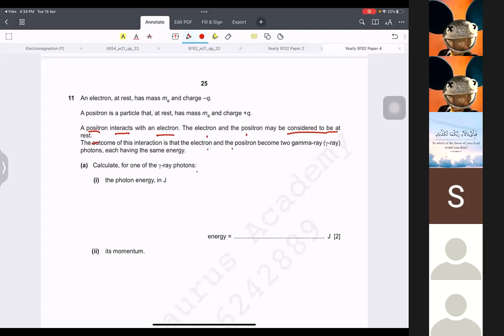Fine, we could do that totally. So we have 2 masses of electrons getting annihilated. Annihilated means E is equal to mc square. So the mass would be 2 times 9.11 times 10 raised to the power minus 31 multiplied by 3.0 times 10 raised to 8 squared. Can you check what is the energy of 2? Yes.